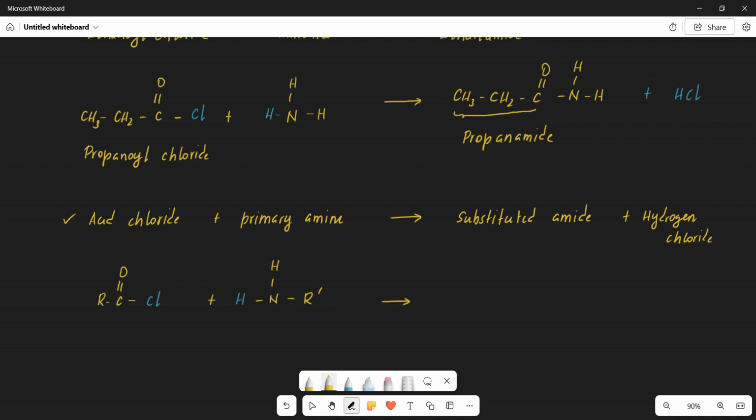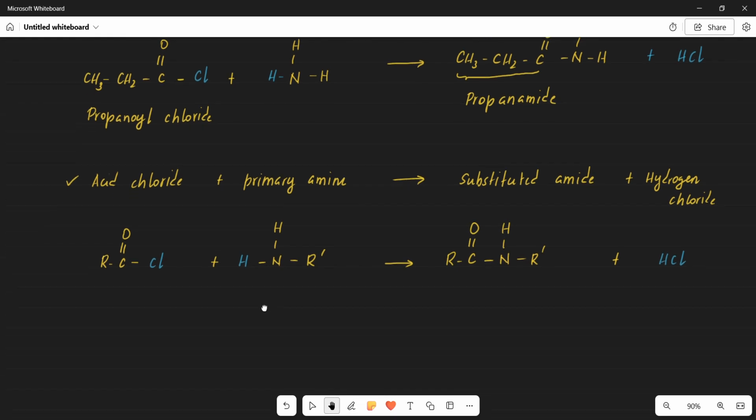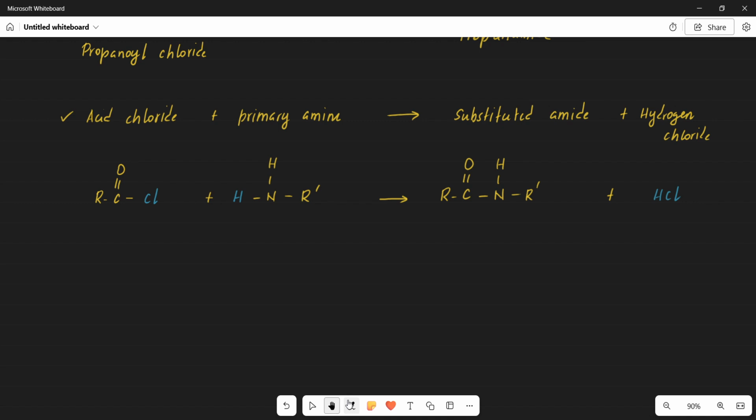So now I know I'm going to get this small molecule out, HCl. Then I'm going to connect the remaining R, C double bond O, then this side a nitrogen, hydrogen, then R dash. The R and R dash can be anything, any alkyl group for that matter. Even it can be an aryl group.